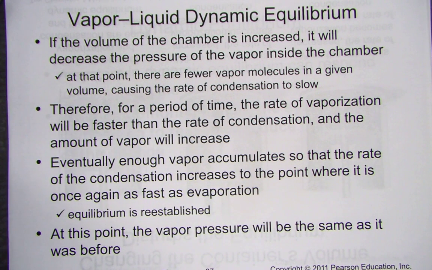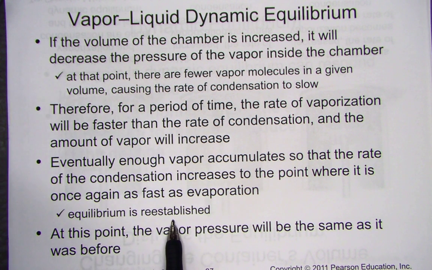So in the vapor-liquid dynamic equilibrium, if the volume of the chamber is increased, we'll decrease the vapor pressure. Remember that that would create fewer collisions if we actually gave them more area to move around. Therefore, for a period of time, the rate of vaporization will be faster than the rate of condensation until we have actually reached back the equilibrium.